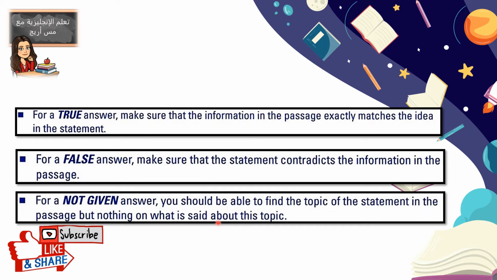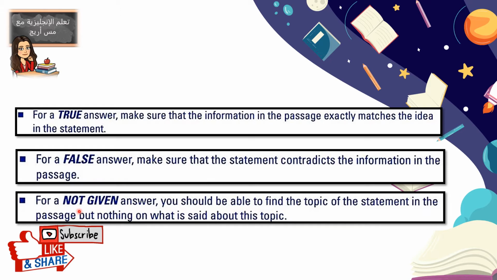For example, if they said apples are red, but then they mention in the text that apples are delicious, and they mention nothing about the color, so you have to say not given. أنا استخدمت يعني مثال كتير بسيط حتى أبسط لكم الفكرة حتى توصل، لأنه دائما في عنا مشكلة ما بين not given or false. يعني هذه هي النقطة. إذا النقطة الأساسية بالنسبة للفولس نفس المعلومة موجودة لكن فيها شيء يناقض. يعني بيحكوا عن التفاحة زي ما حكينا talk about the apple, talk about the color of the apple, but they mention a totally different color. أما not given, okay they do talk about apples but they mention nothing about colors.